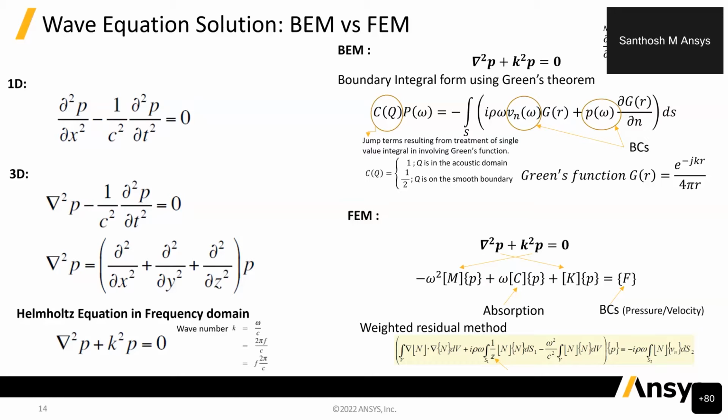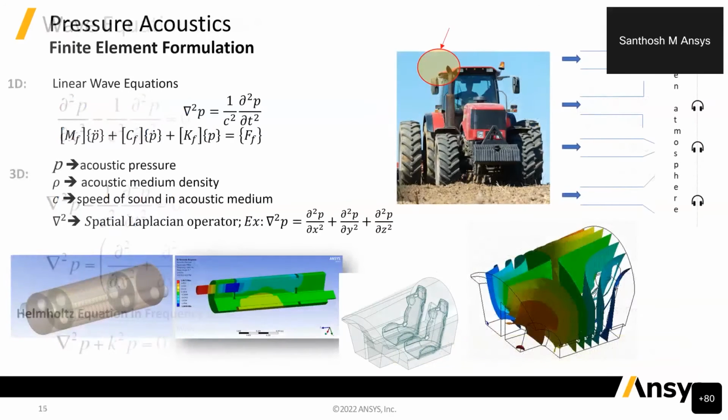In the finite element method, we solve the same equation, but write it using the weighted residual method, incorporating various boundary conditions and material properties. This is the fundamental difference between the two in terms of numerical technique.